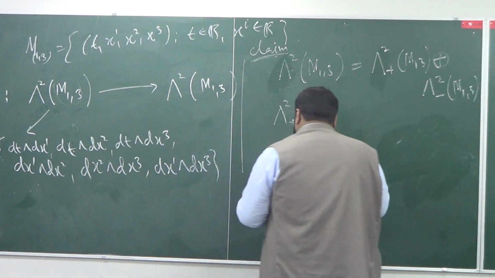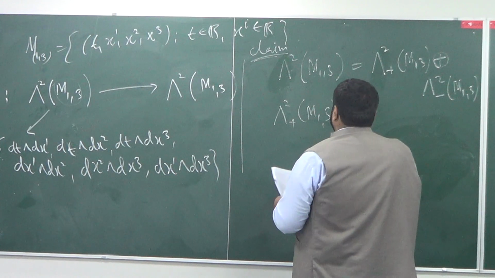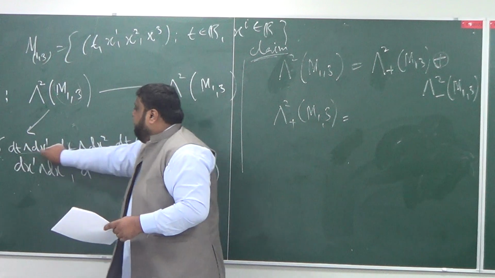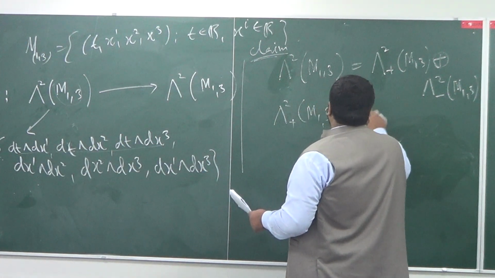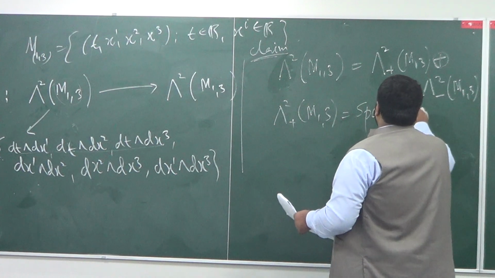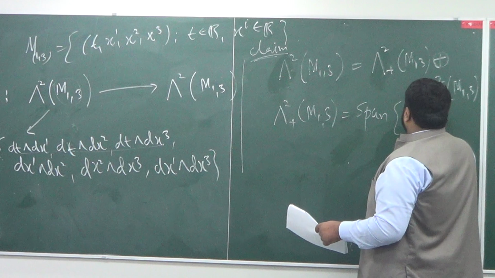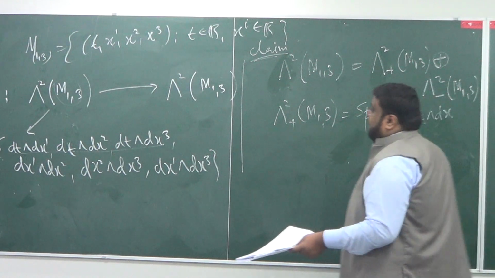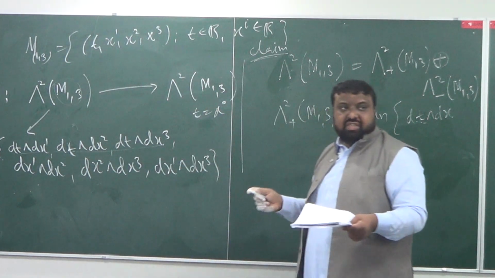It is spanned by these vectors. If I wish, I can call t as x naught, for the sake of simplicity.